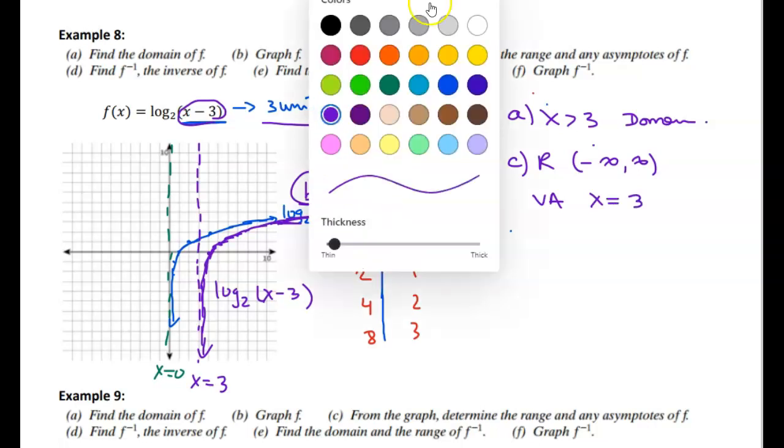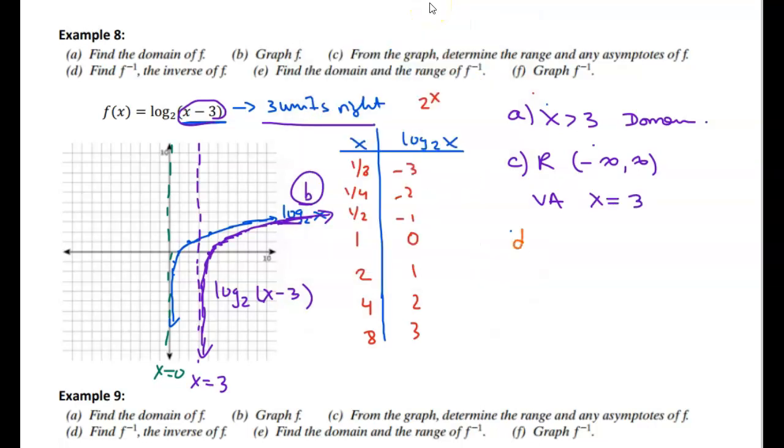Now the inverse of this: we have y equals log base 2 of x minus 3. We're going to switch x's and y's, and change this to exponential form.